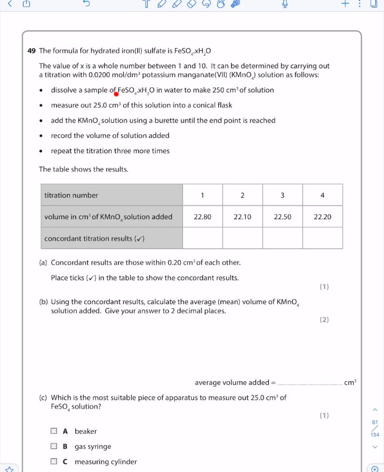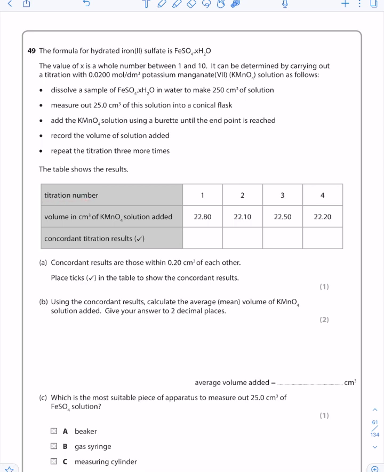Dissolve a sample of iron sulfate.xH2O in water to make 250 cubic centimeter solution. Then measure out 25.0 cubic centimeter of this solution into a conical flask. Add potassium manganate solution using a burette until the end point is reached. Then record the volume of solution added. Repeat the titration 3 more times. The table shows the results.